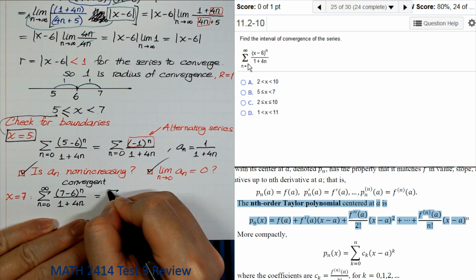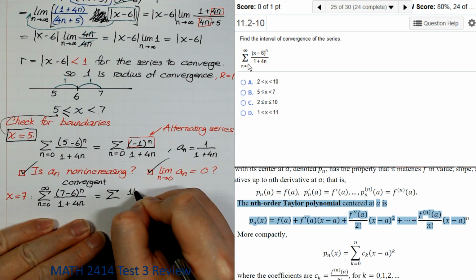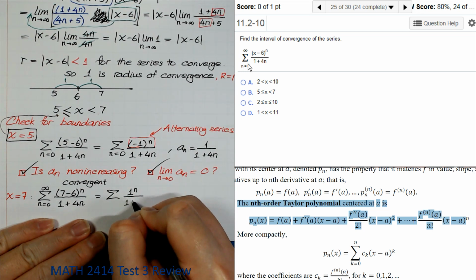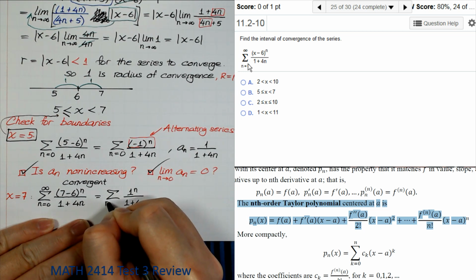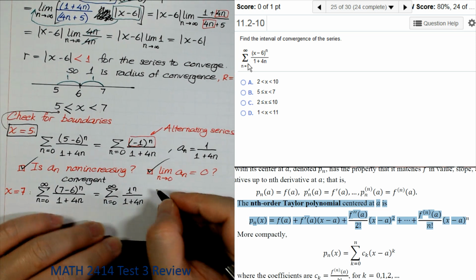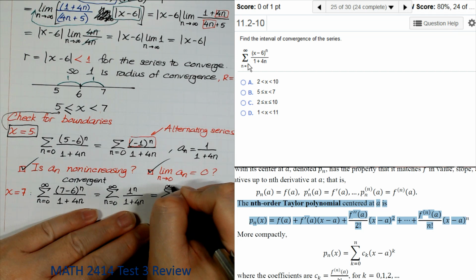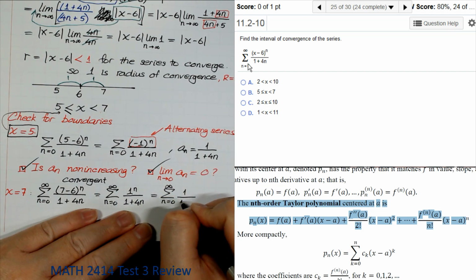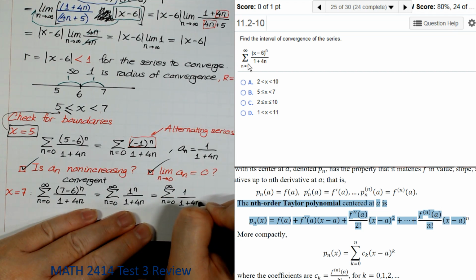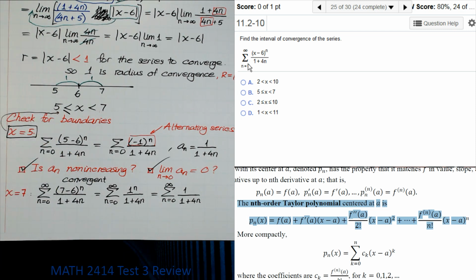Seven minus 6 is 1. And we have 1 over 1 plus 4n. And this series is convergent or divergent?